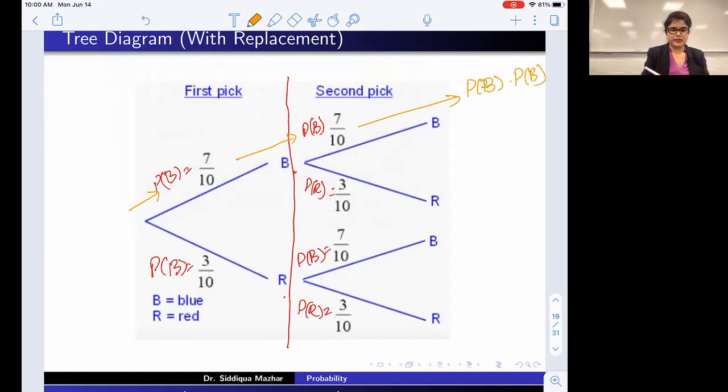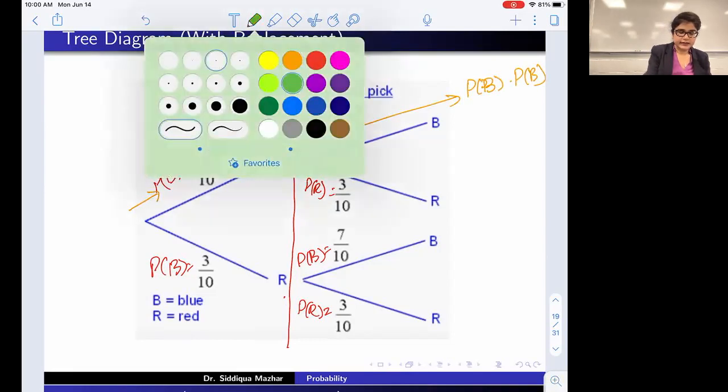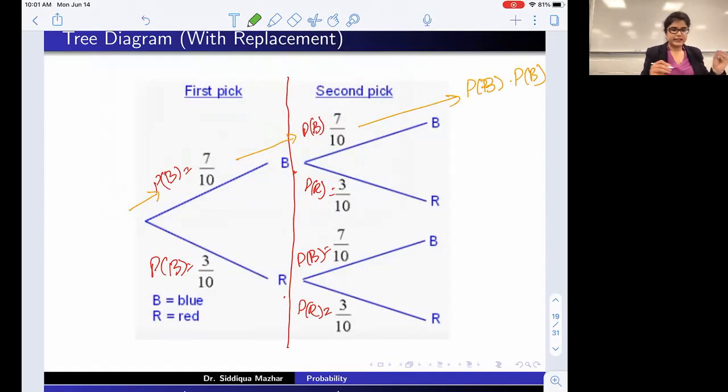The first one is coming from the probability of blue, and after blue, it is going to red. So this branch is giving you, in the first experiment, the probability of blue, and in the second, the probability of red.